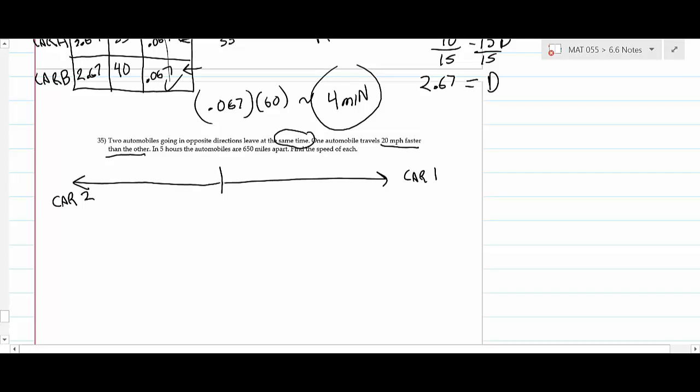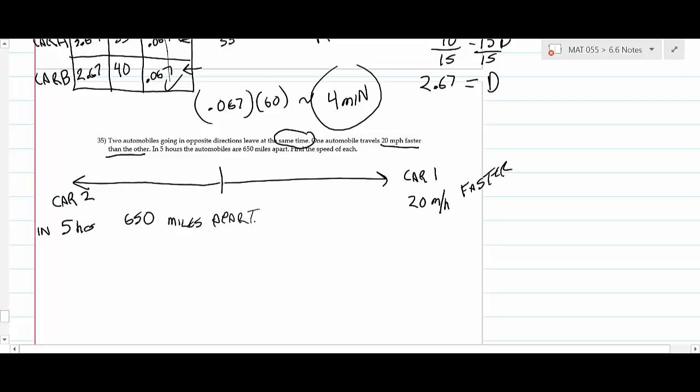So let's just say that this one is 20 miles per hour faster. It doesn't matter which one, that's your call. Then it says in 5 hours, they're going to be 650 miles apart.